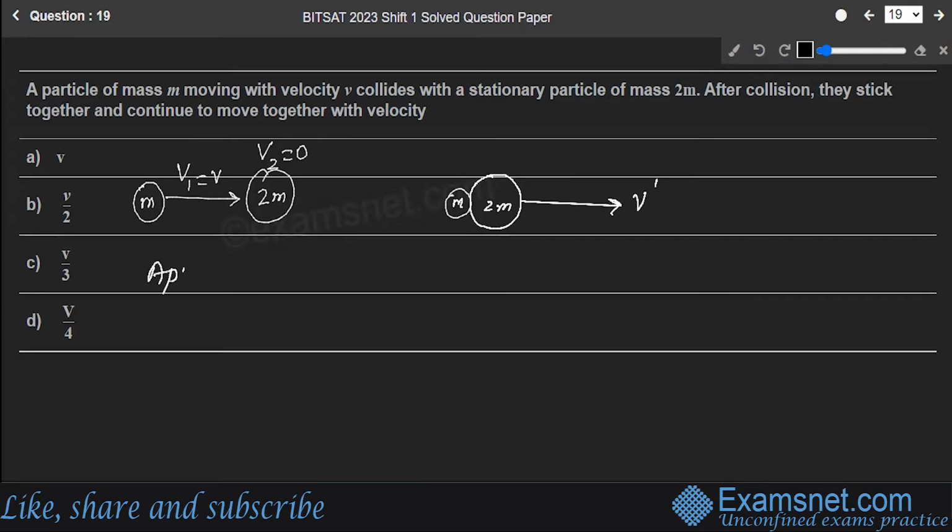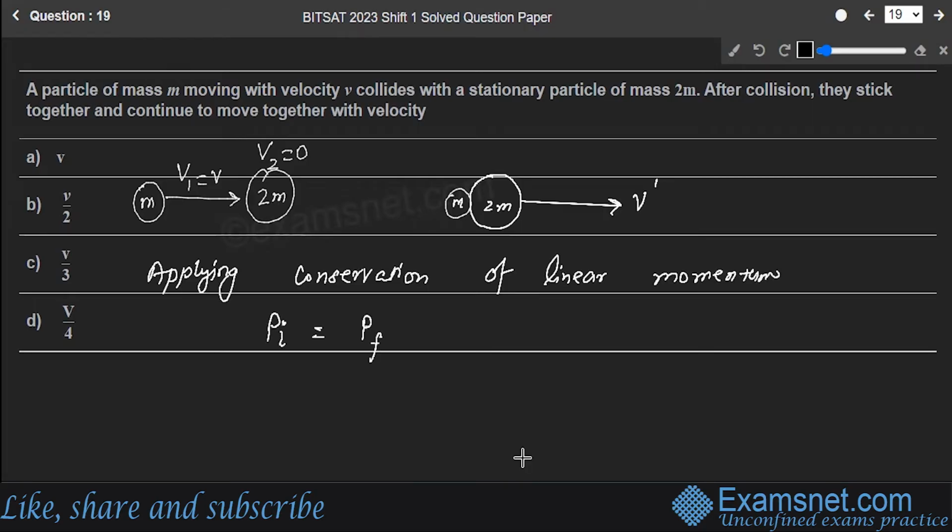Over here, I'll apply the concept of conservation of linear momentum. So Pi will be equal to Pf, initial momentum is equal to the final momentum, and you know momentum is equal to mass into velocity.